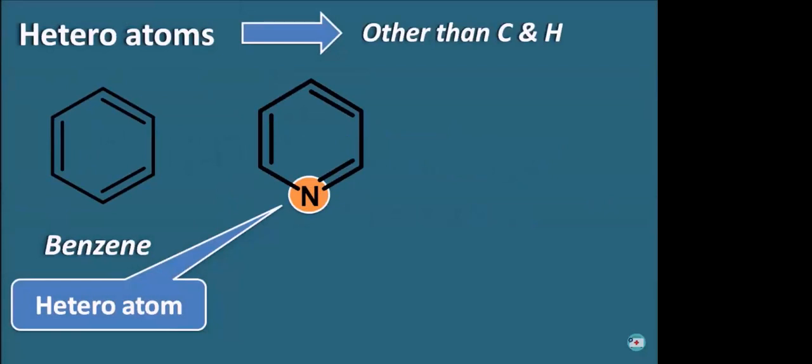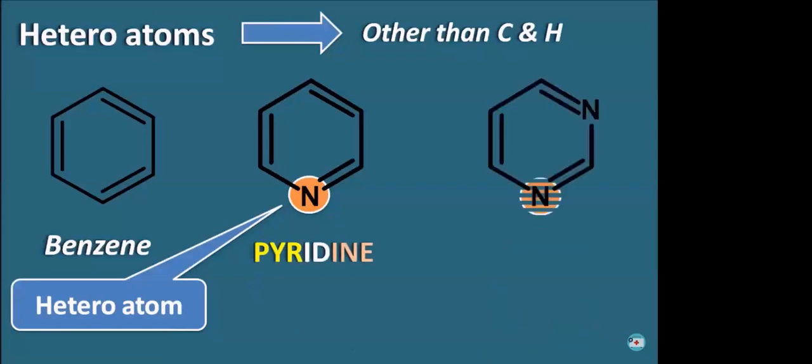Now this ring is a heterocyclic ring having a nitrogen as a heteroatom, and this is called pyridine. Similarly, in another structure here you can observe two heteroatoms. This is one heteroatom and this is another heteroatom, and this is pyrimidine. In this way we can write many types of heterocyclic rings, but how can we remember them?